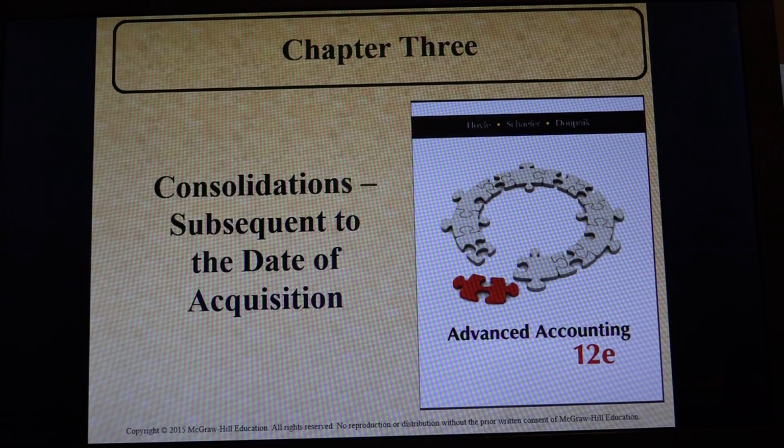You have possibly intra-entity obligations as well, such as a note payable due by the shareholder or by the investor, the parent, or due to the parent from the sub, I guess I should say. So these things complicate the consolidation process.